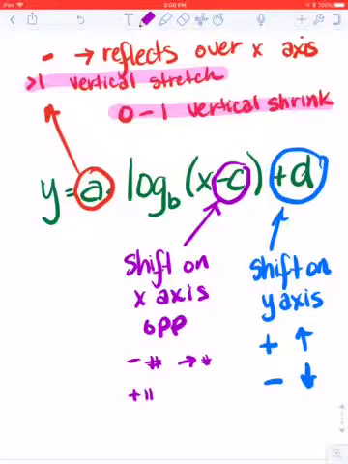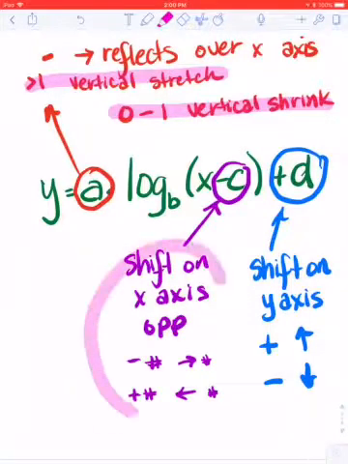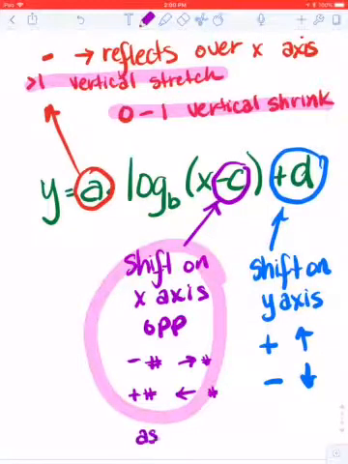If it is a positive number, that means it's to the left of whatever that number is. Now, this one right here is the only thing that changes your asymptote. So your asymptote is going to be at x equals 0 unless it moves left or right. And whatever it moves left or right is what that new asymptote is going to be.